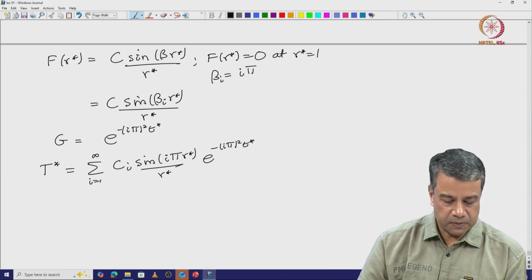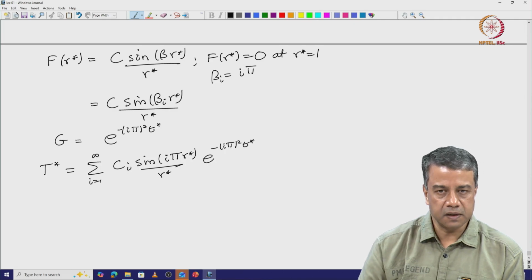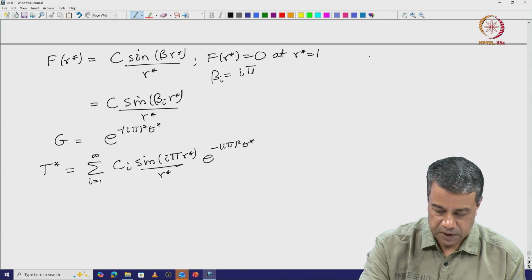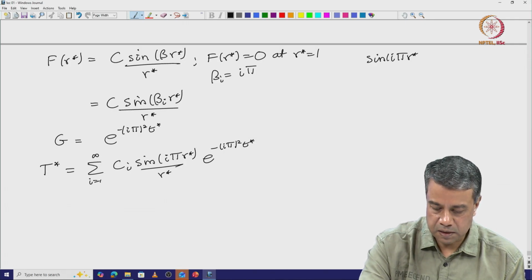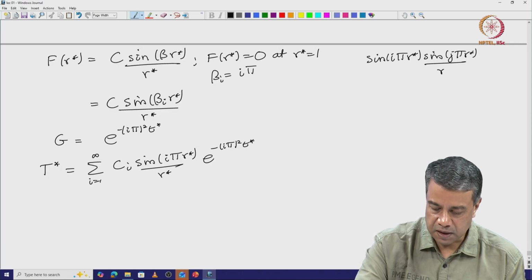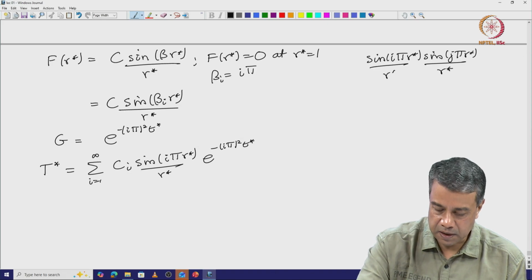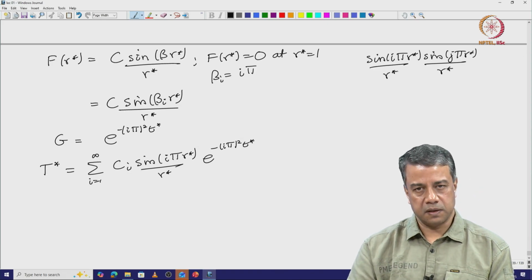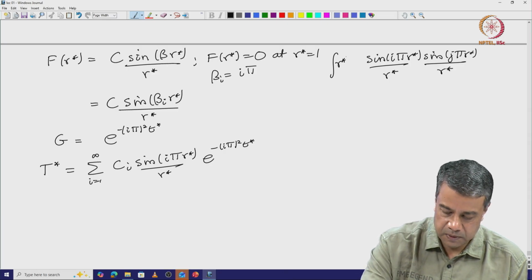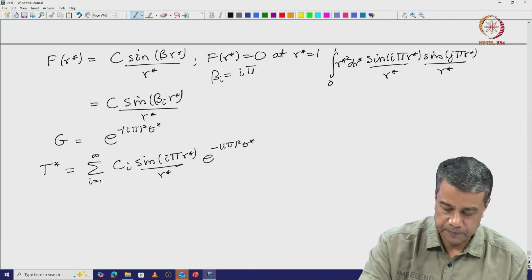So, in this case, since we have a spherical coordinate system, the eigenfunctions are sin I pi r by r and sin j pi r by r. If I multiply by r square dr and integrate from 0 to 1.